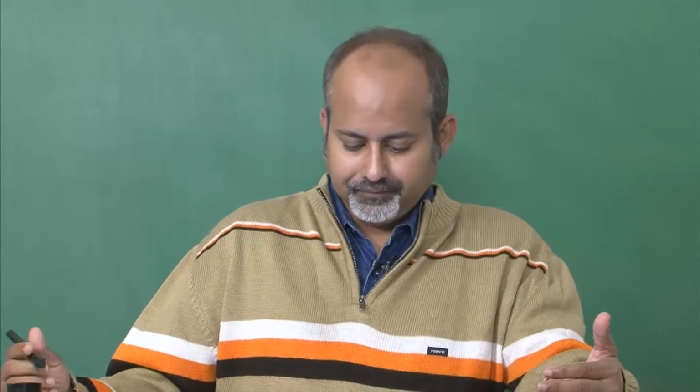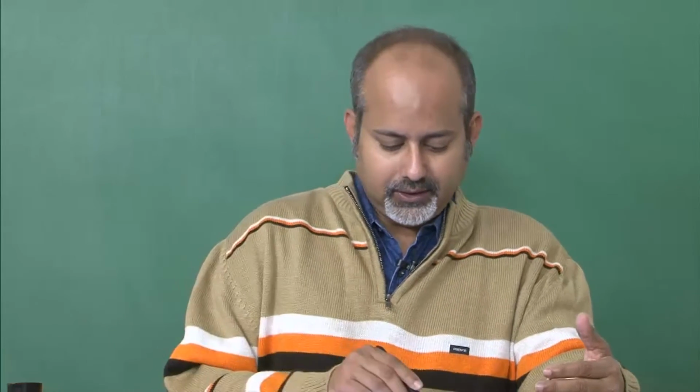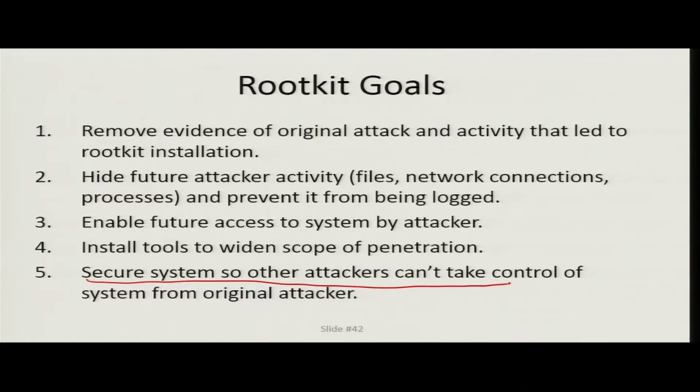That also widens the scope of penetration, because once it is taking over your machine, it can do a lot more things in the network itself. They also want to secure the system against other attackers, so that they have full control over the machine they have already gained control of.